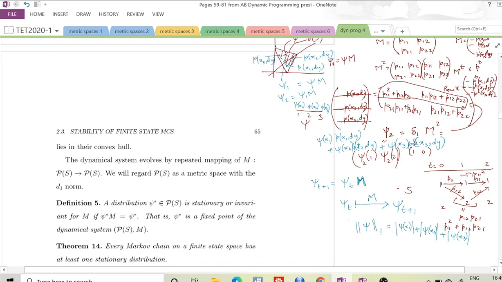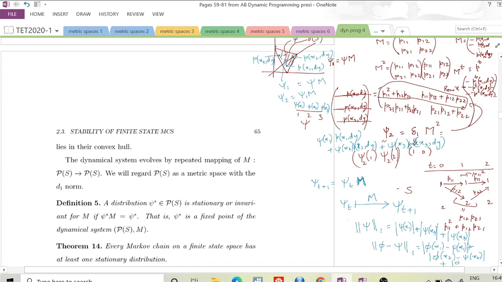So suppose I have 2 different distributions, phi and C. The distance between these 2 points I can evaluate using this norm, and that will be phi of x1 minus C of x1 plus phi of x2 minus C of x2, all in absolute values.